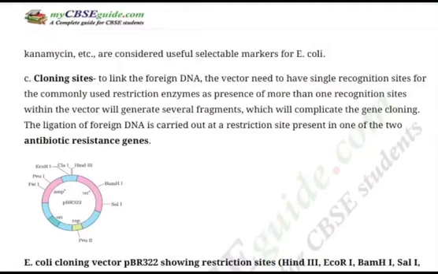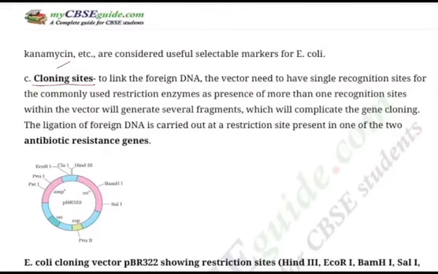In our previous session, we talked about the first tool, that is enzymes. Then we talked about how to separate and isolate DNA fragments through gel electrophoresis. Now we come to the third tool required in rDNA technology: cloning sites.